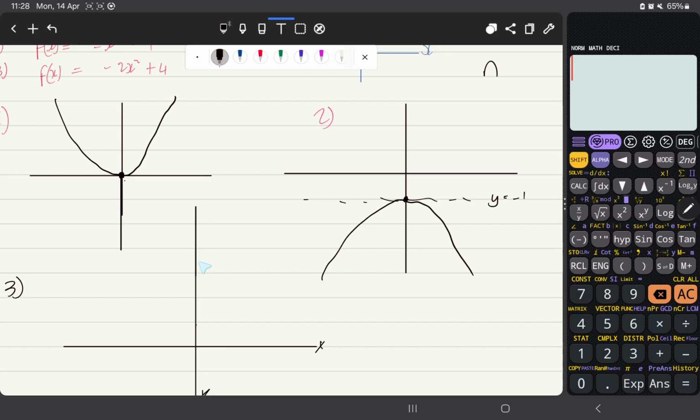Let me extend it up. This is 4. So this is my turning point. Now when I do my graph, it's going to be something like this. It's frowning because of a -2, and it's shifted 4 units upwards, so the turning point will be here, right?